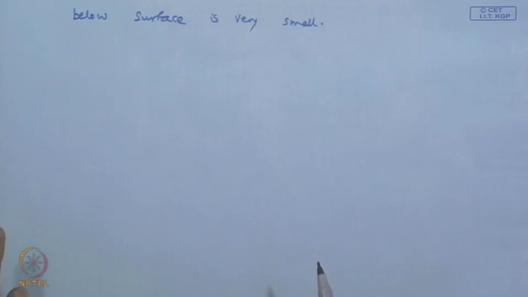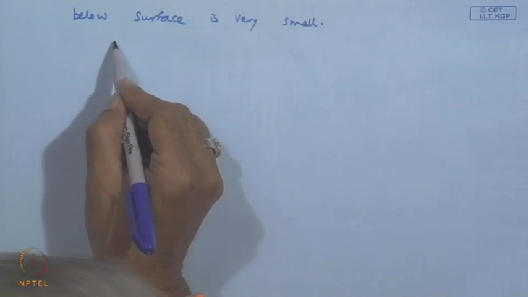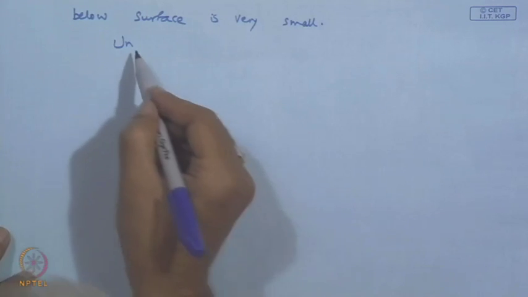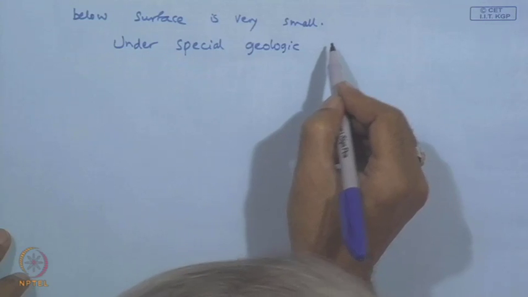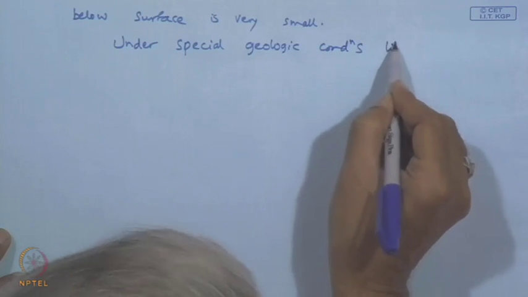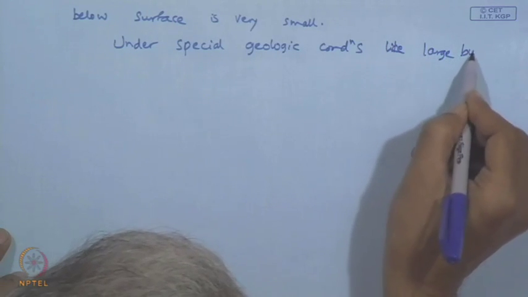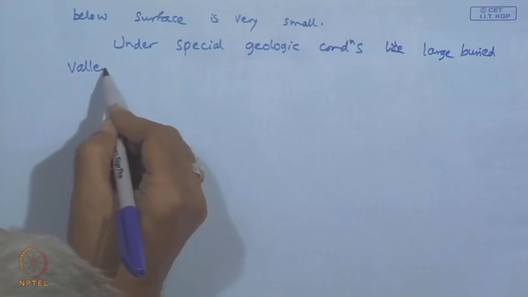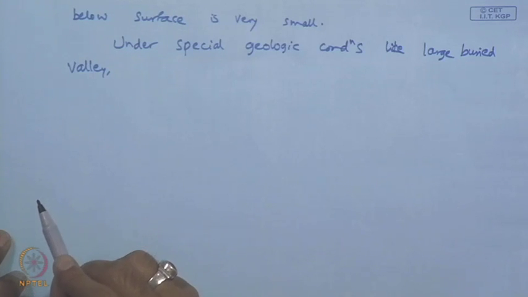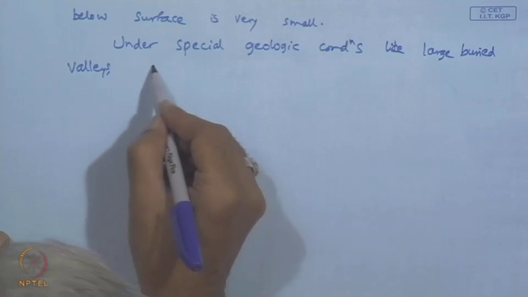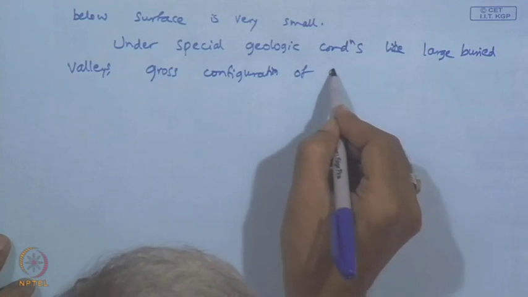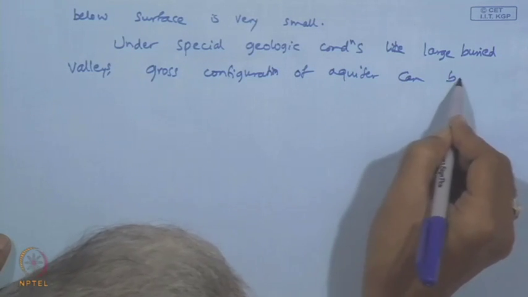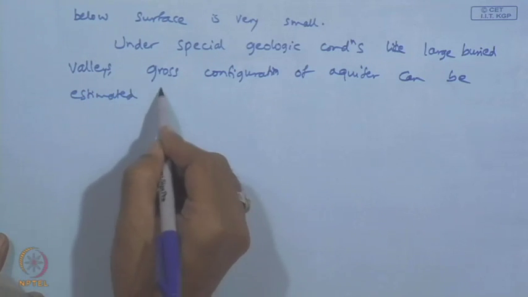Therefore, this gravity method is used under special geologic conditions, like large buried valleys, so the gross configuration of the aquifer can be estimated by gravity methods.